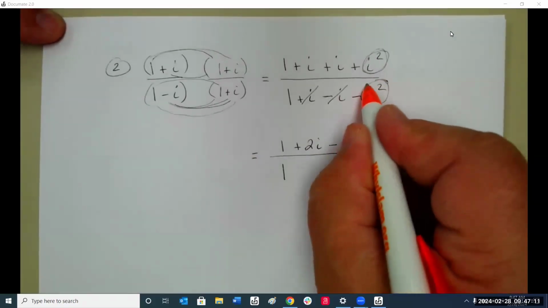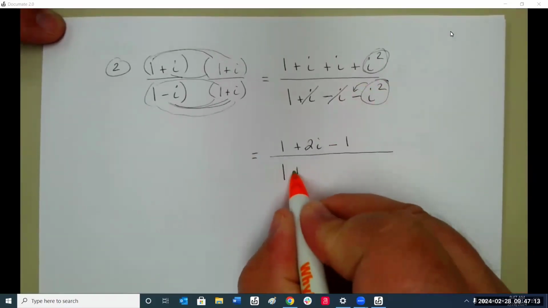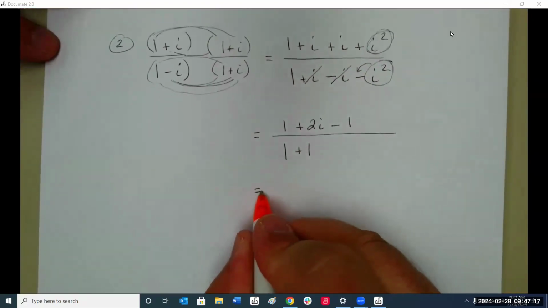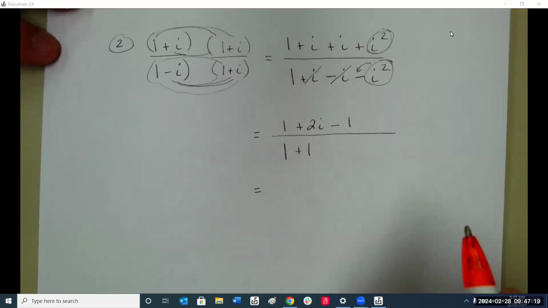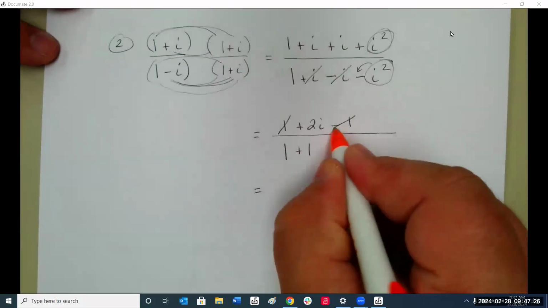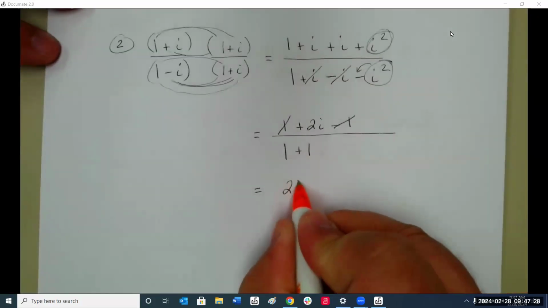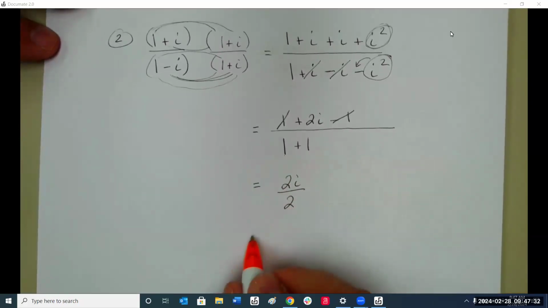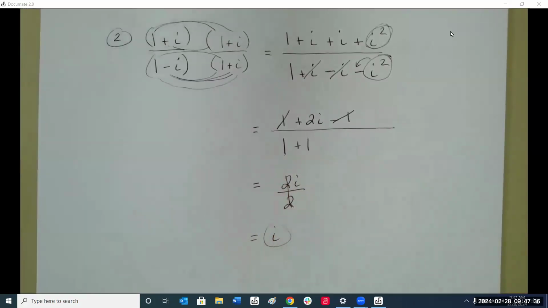This becomes a negative, so it changes that sign, so it becomes a +1. One minus one cancel, so we have 2i on top. 1 plus 1 is 2. The 2s cancel, so our answer is i.